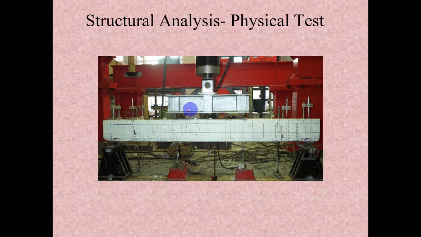This is a 2 point loading. The one load is coming here, and it is divided into 2 points. This is called a 2 point loading. Here, these are all strain gauges to measure the deflection. This comes under structural analysis.